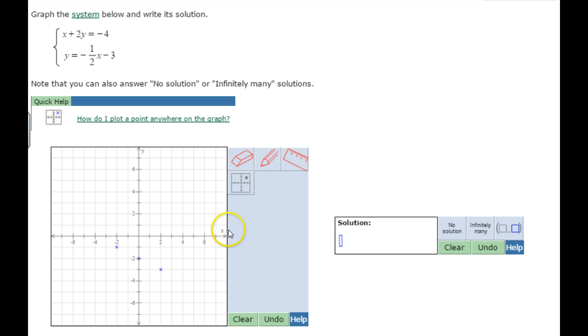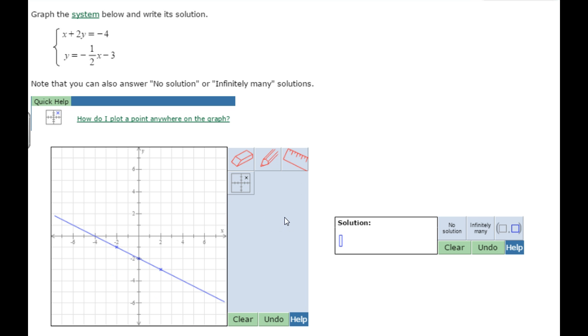All right, now that we have the points, we'll go ahead and connect the points using the ruler that we have. We'll graph our first line. All right, very good. In order to get rid of the ruler from the screen, just click that again. And there we go, we have our line.